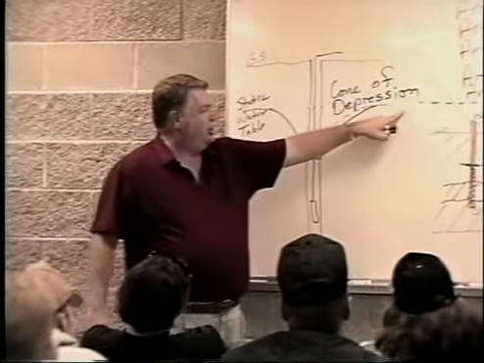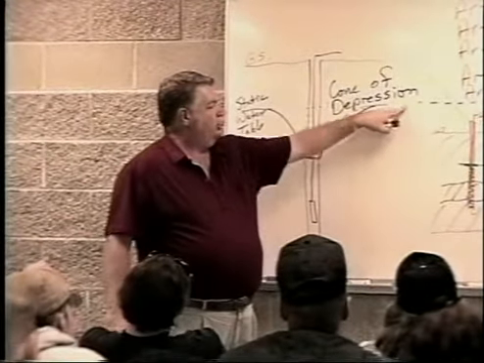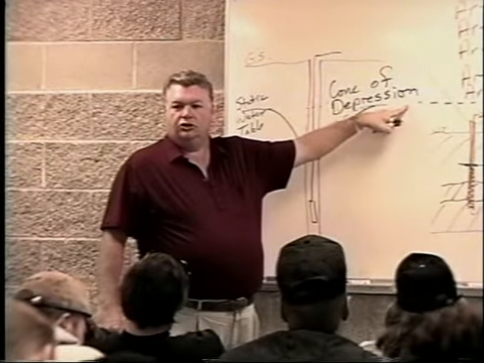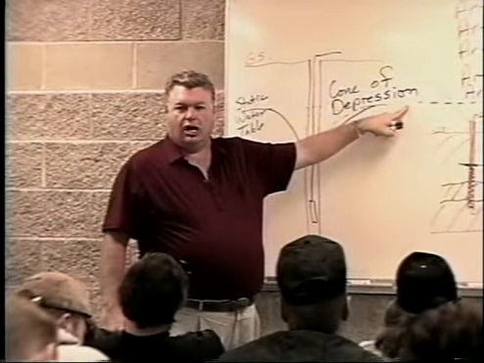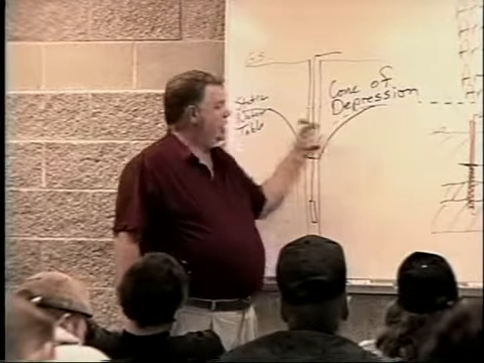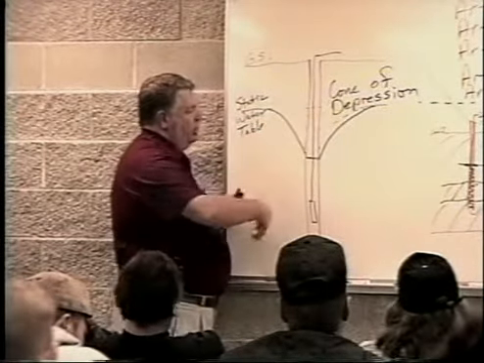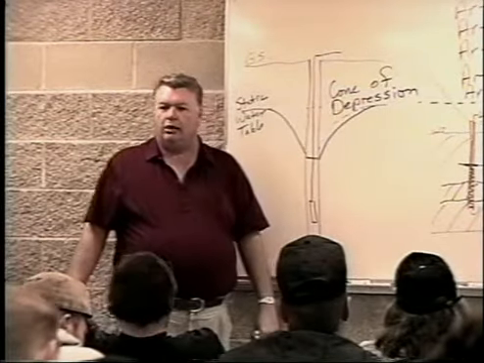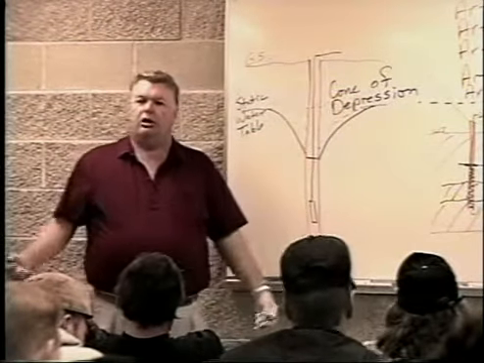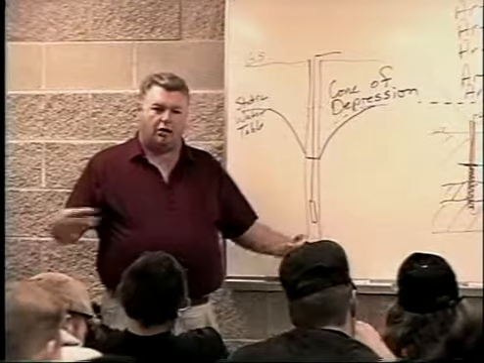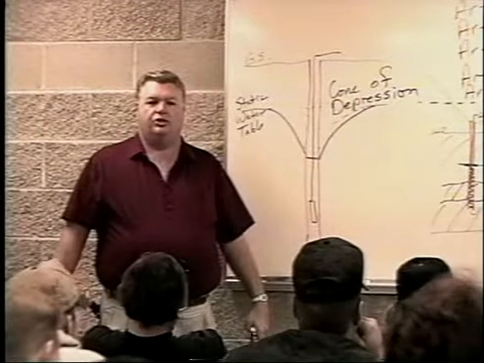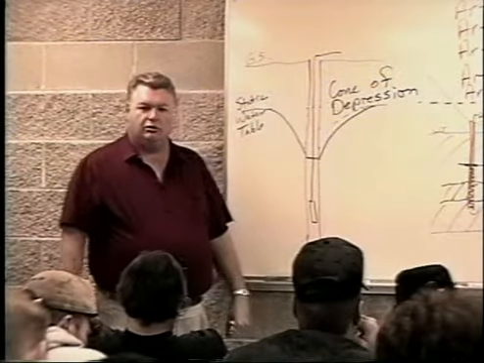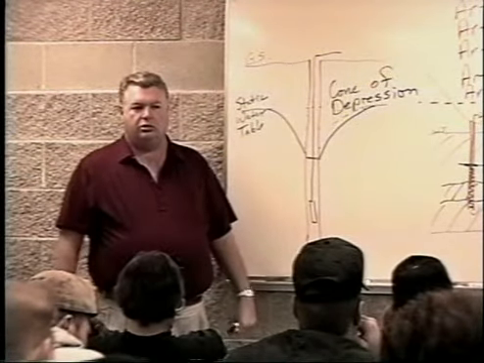Now the neighbor over here, his water table's still up here, see, if he isn't pumping. The static water table still sits high over on the sides, but right around the well, it could be a few feet, it could be a few hundred feet, it could be a quarter mile. Totally depends on how big the aquifer is, how porous the formation is, and so on, just how big that cone of depression gets.